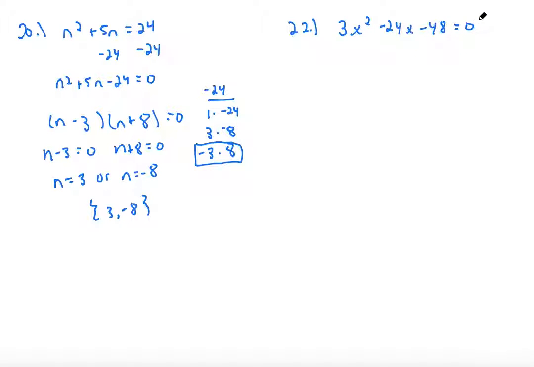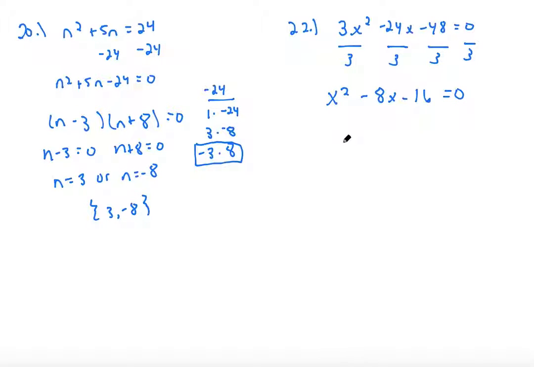Taking a look at this problem, what I noticed from the get-go is I can divide everything by 3 to simplify my problem. So when I do that, I have x squared minus 8x minus 16 equals 0.